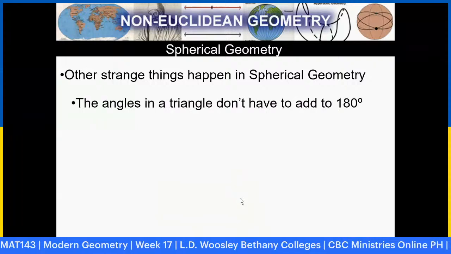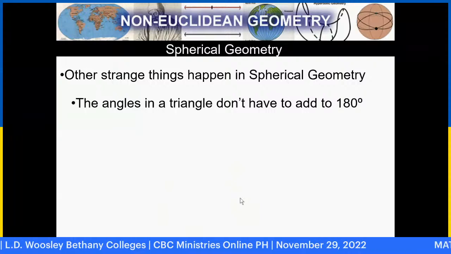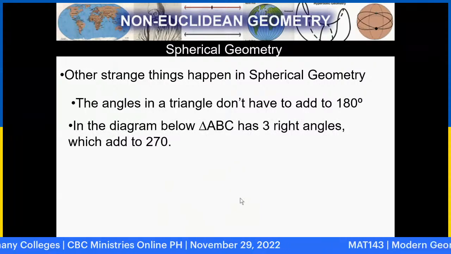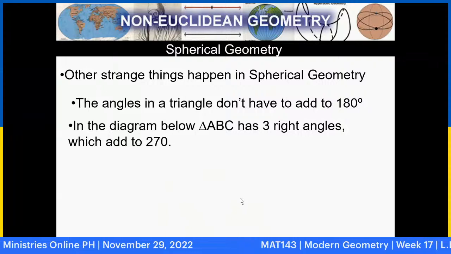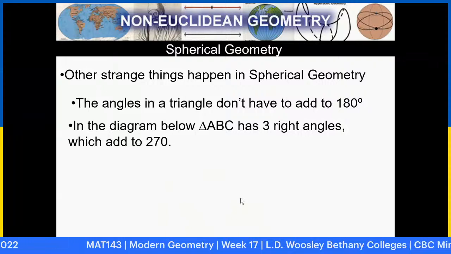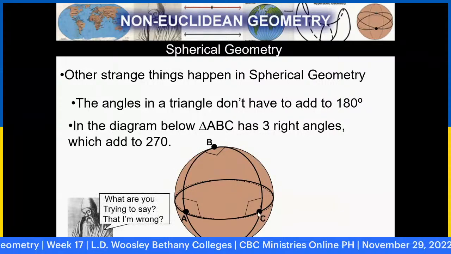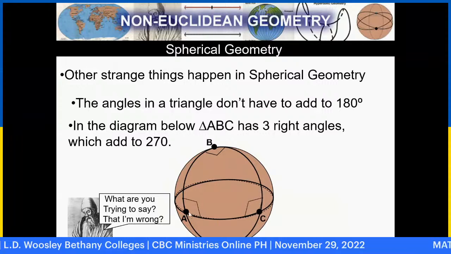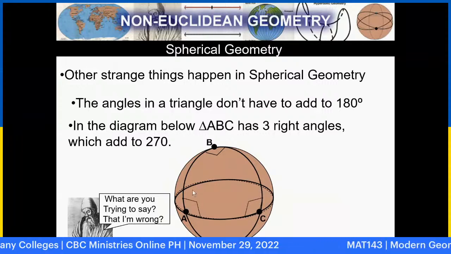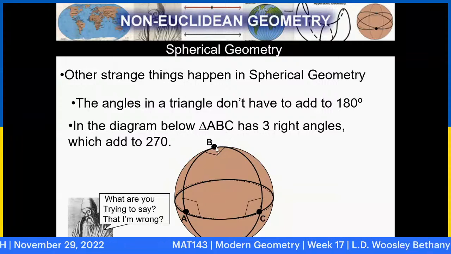Another strange thing: triangles don't have to add to 180 degrees. In the diagram below, triangle ABC has 3 right angles which add up to 270. Why is it right? Because it's perpendicular here and perpendicular here also. When they meet at point B, they're also perpendicular.